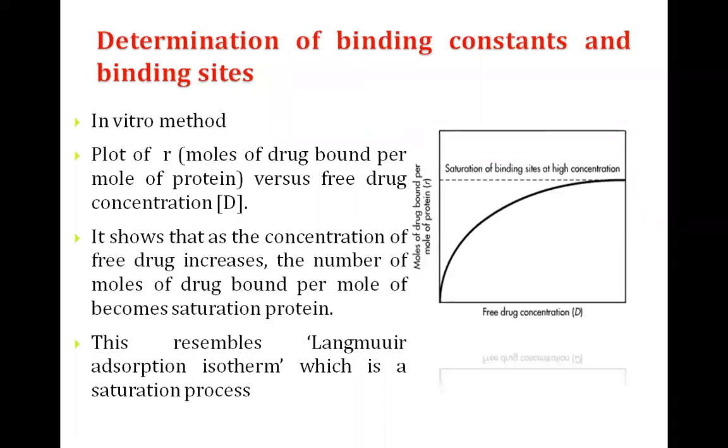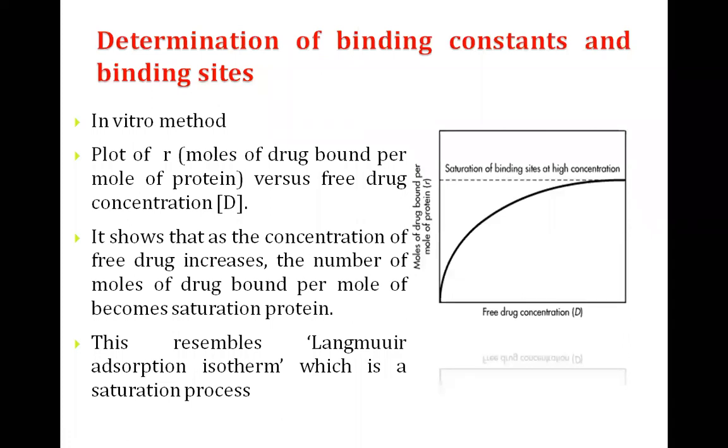But can you get an idea about the number of binding sites here? Do we get the value of N? Do we get the value of Ka? No. Still we have that difficulty of determining this. Only thing we understood is the relation between the drug concentration and the R value. But we are not able to determine the Ka value and the N value.